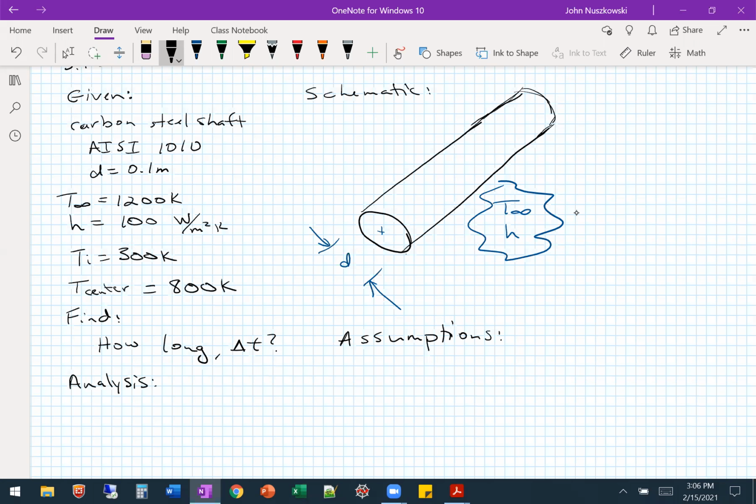So we have this steel shaft, heat treated in a gas furnace. The gases are 1200 Kelvin. We have a convection coefficient. These shafts enter the furnace at 300 Kelvin, and then after some amount of time, the centerline temperature becomes 800 Kelvin. And they want us to figure out how long it takes.